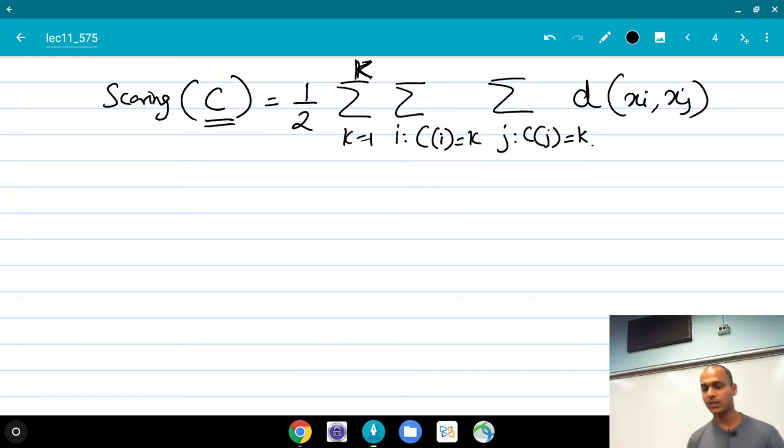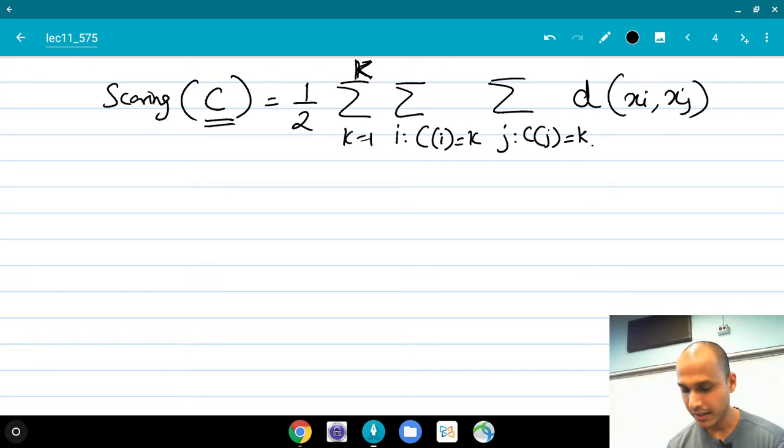All it's saying is, I have k clusters. Pick the first cluster that the C function tells me. Let's say the C function tells me points 1, 2, and 5 are in the first cluster. So pick 1, 2, and 5. For 1, 2, and 5, look at their pairwise distances or dissimilarity measures and add them up.